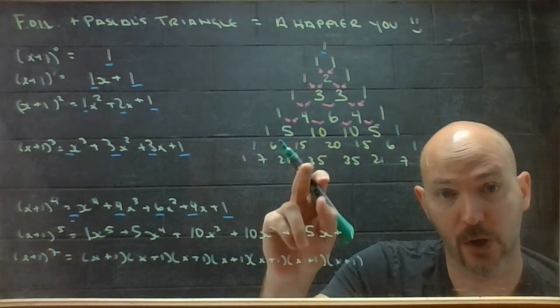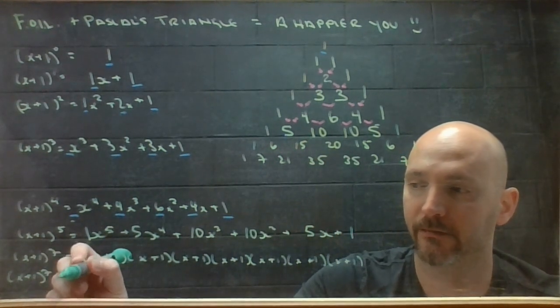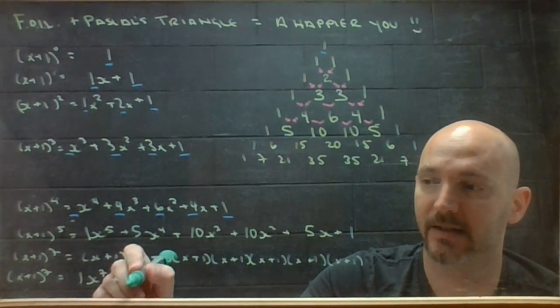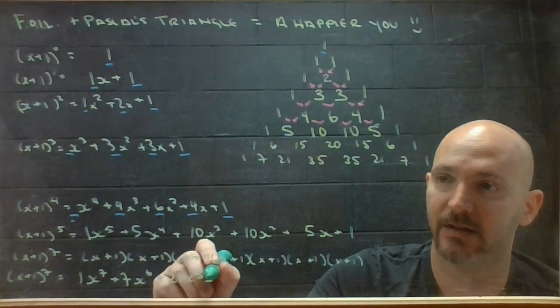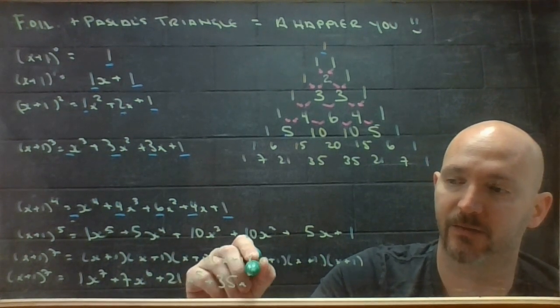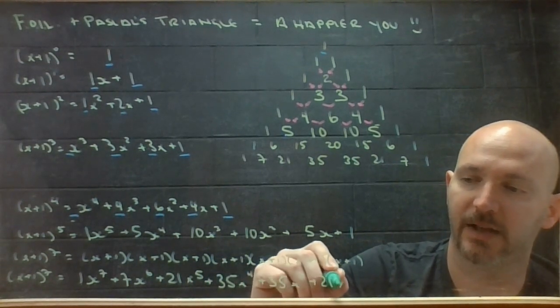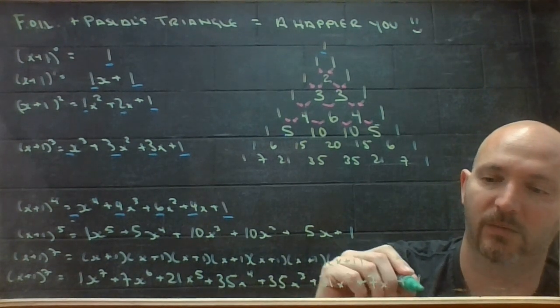Instead, I'm going to know that this Pascal pattern exists. It'll be 1x to the 7 plus 7x to the 6 plus 21x to the 5 plus 35x to the 4 plus 35x to the 3 plus 21x to the 2 plus 7x to the 1 plus 1.